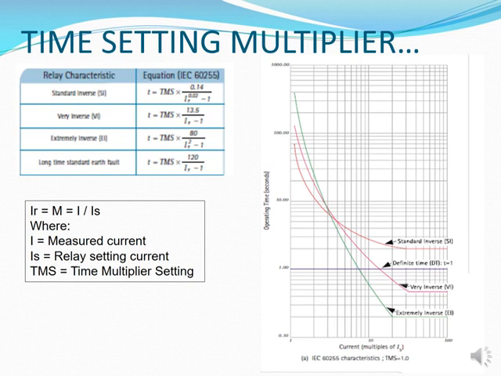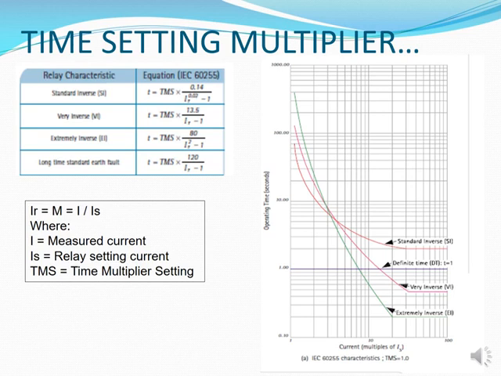The first one, our standard inverse, is TMS multiplied by 0.14 divided by IR to the power 0.02 minus 1. Our very inverse is TMS times 13.5 over IR minus 1, and our extremely inverse is TMS times 80 over IR squared minus 1.